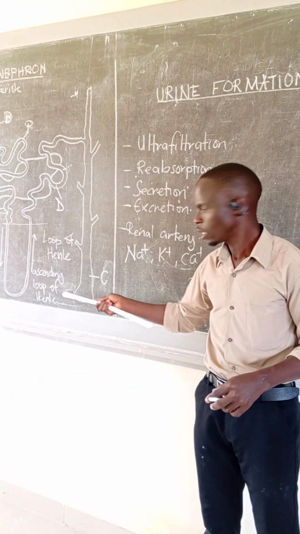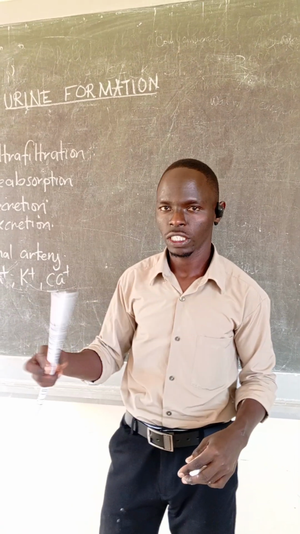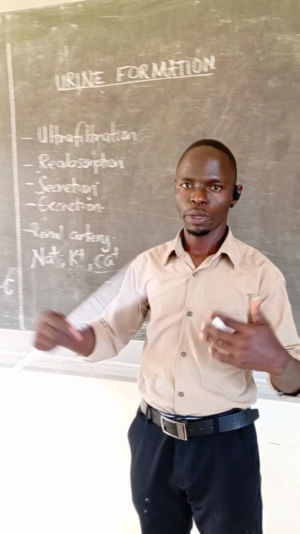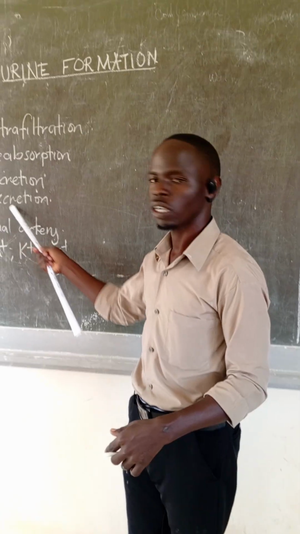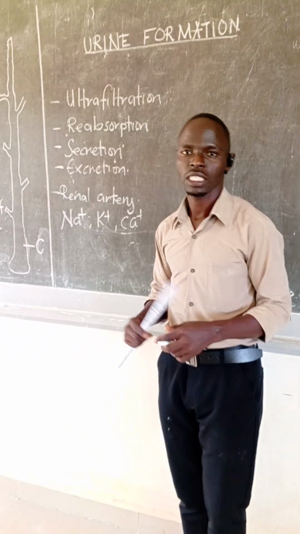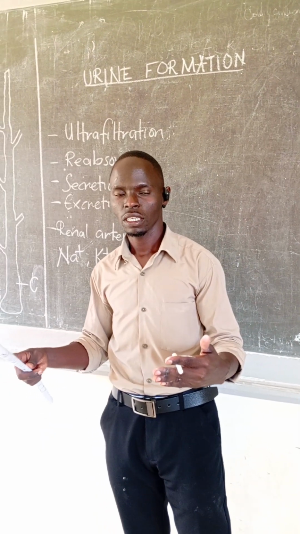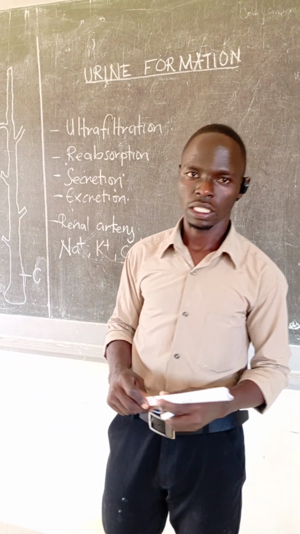Many nephrons with different collecting ducts combine to form the urine. The process of passing out the urine is what we call excretion. So this is exactly what happens. If you didn't know that, from today on, know that it is like that.